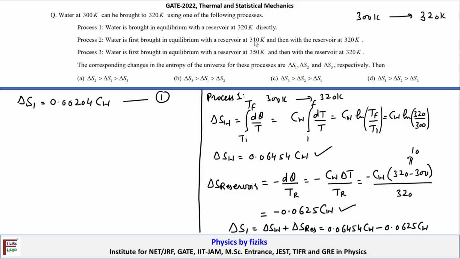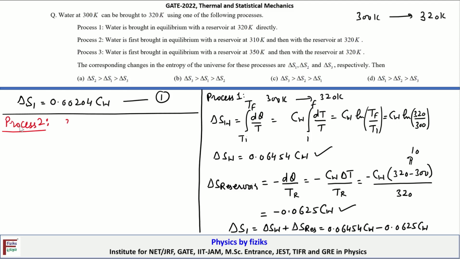Now let's come to process 2. Process 1 is over. In process 2, what are the steps for the entropy change of the water? The water is first brought into equilibrium with the reservoir at 310 Kelvin.